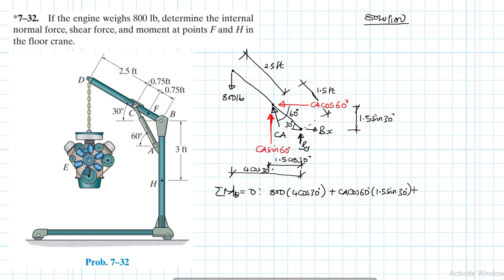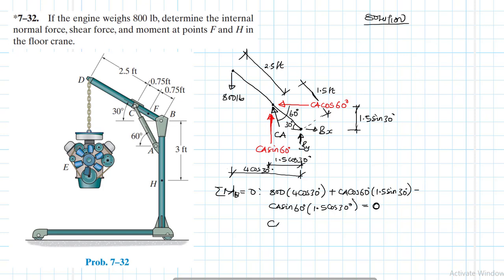And then we have minus CA sine 60 by 1.5 cos 30. Alright, I think this is about it.